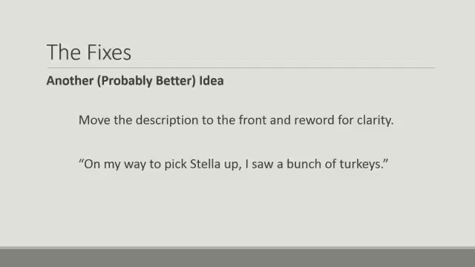We've got that possessive pronoun my way, so we know that it's modifying the I. I saw a bunch of turkeys. So here there's no doubt about what's going on. So sometimes when we're rewriting for clarity, it's going to be more of an issue than just moving what's occurring in the sentence. We might have to reword a little bit to make things as clear as they need to be.